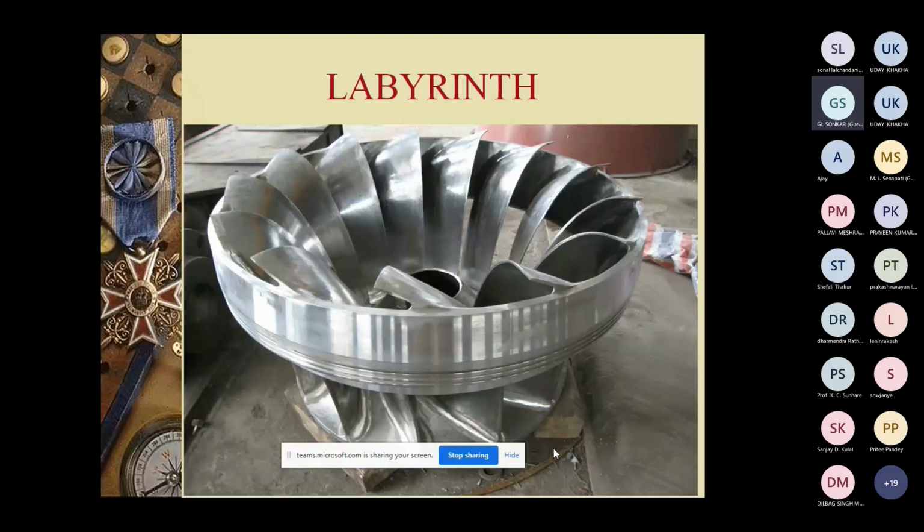Clear? So when water is traveling from the spiral case to the runner, there may be some possibility of it going through the gap between the runner and the fixed structure. Some water may travel through the gaps, and though the gap is very small, it can travel at huge speed.